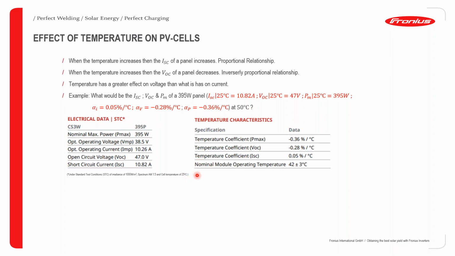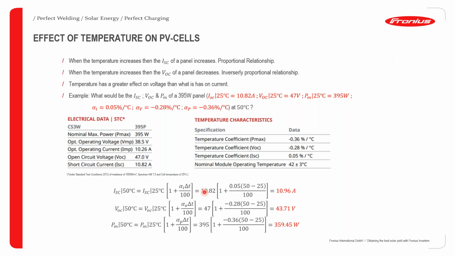So going forward, this can actually be obtained using the following relation. All we need here is to input the values. Here, delta T stands for the temperature change, which is 50 minus 25. 50 is the target temperature that you're calculating for, and 25 degrees Celsius is the temperature at the standard test condition.